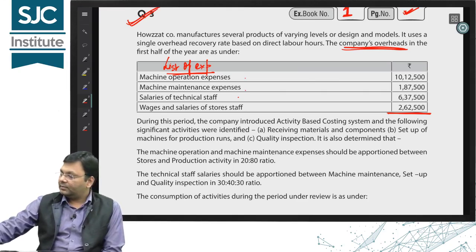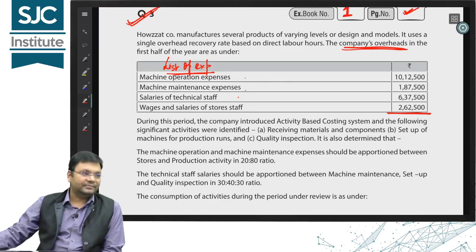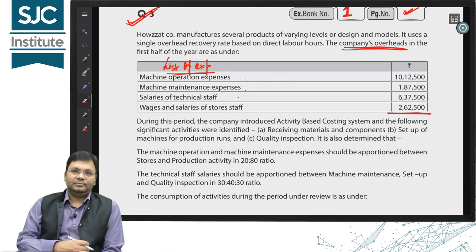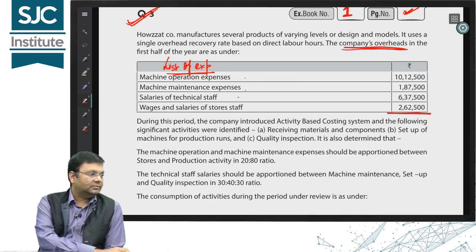Be quick. It's a live session, so make full use of it. Participate by calculating answers also. What is the total?